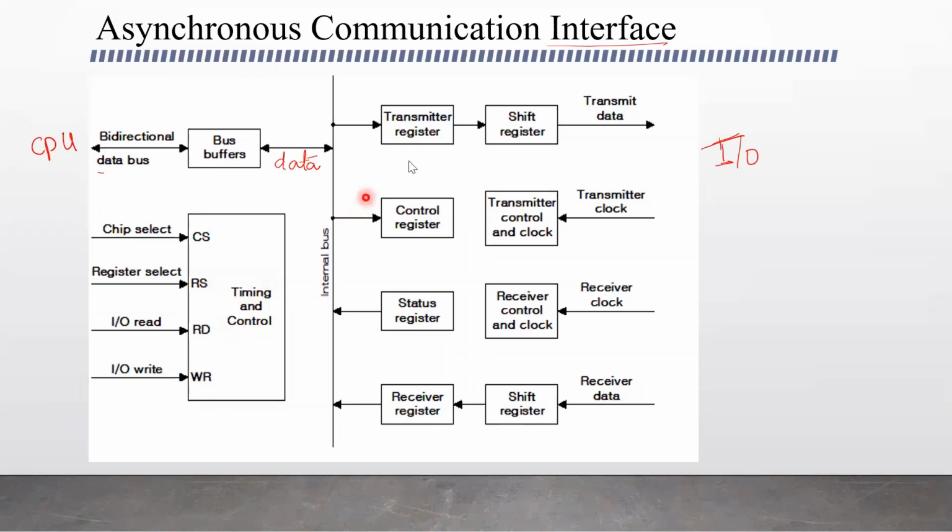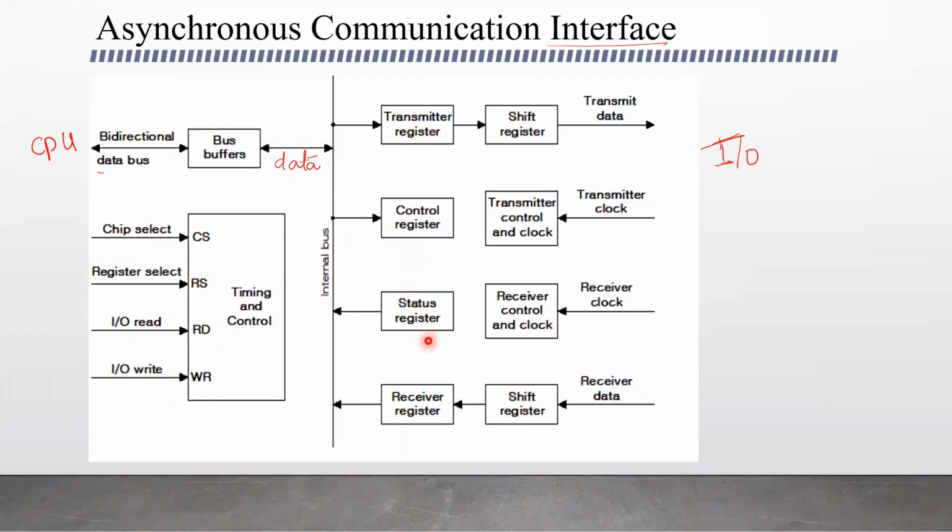Among these registers, transmitter, control, status, and receiver register, the CPU writes into the transmitter and control registers. When there is data to be transmitted, the CPU writes the data in the transmitter register. For controlling the operation, the control byte is written into the control register by the CPU.